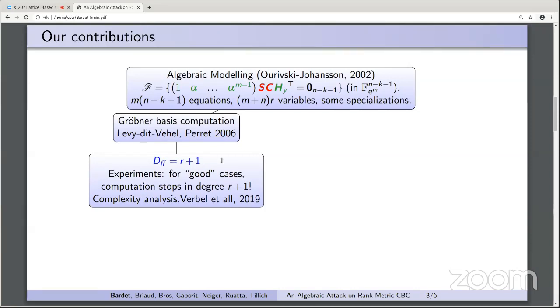There are many degree falls in the computation, and experimentally, we see that for good cases, there are so many degree falls that the computation stops in this degree.